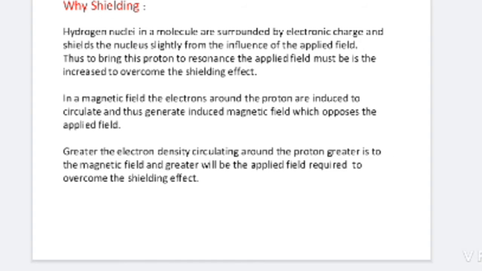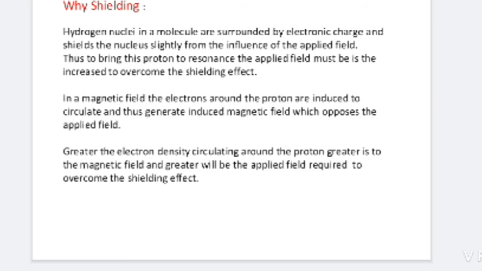Why shielding effect? Hydrogen nuclei in a molecule are surrounded by electronic charge and this shields the nucleus slightly from the influence of the applied field. Thus, to bring this proton to resonate, the applied field is increased to overcome the shielding effect.